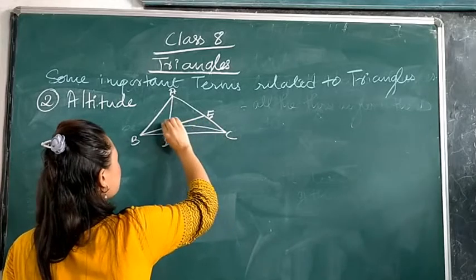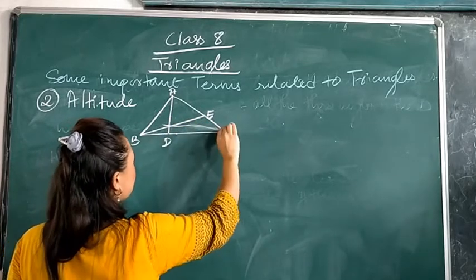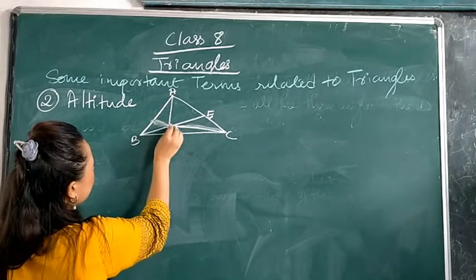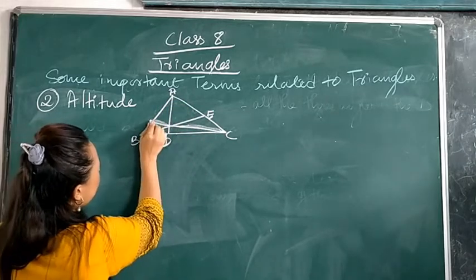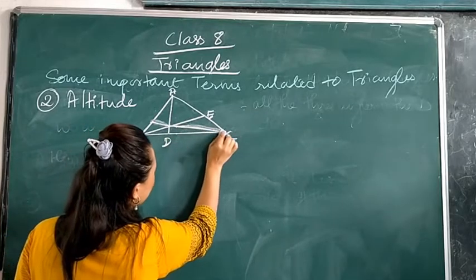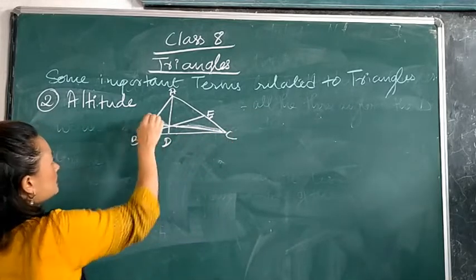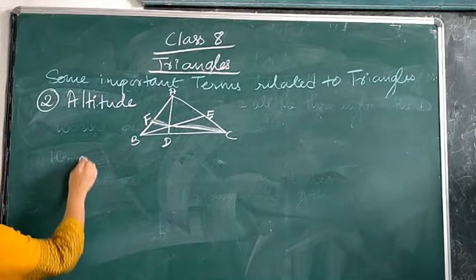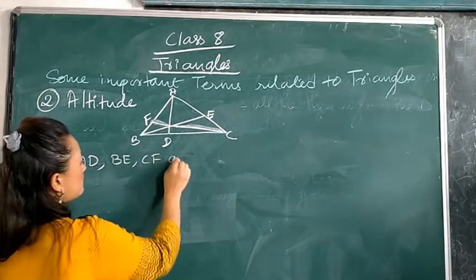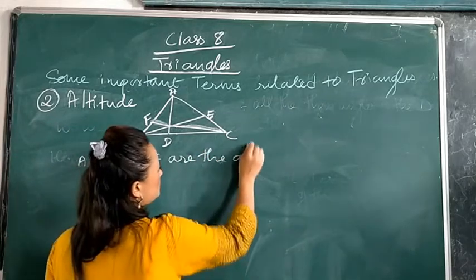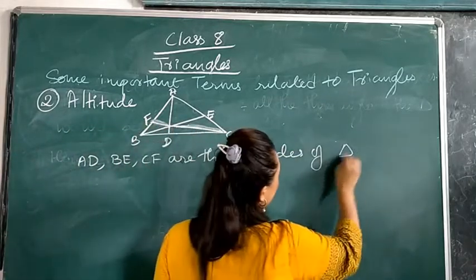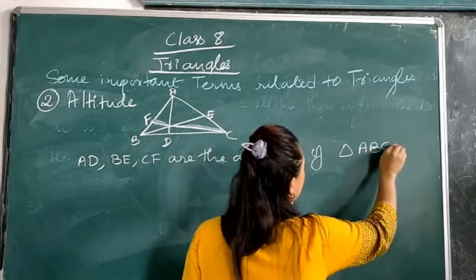and from here, so here AD, BE and CF are the altitudes of triangle ABC.